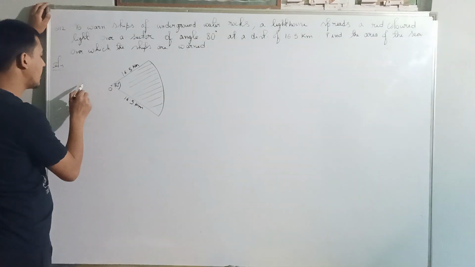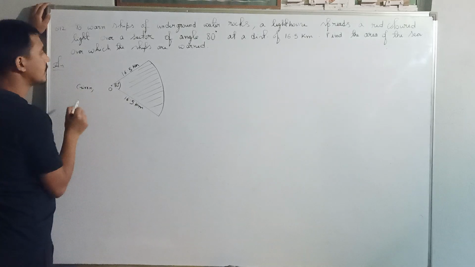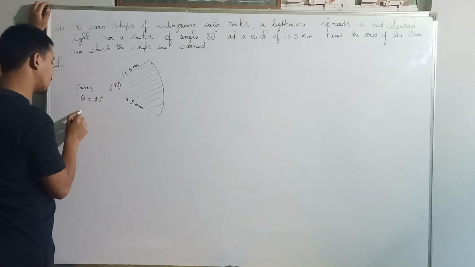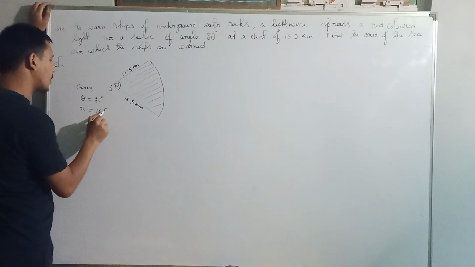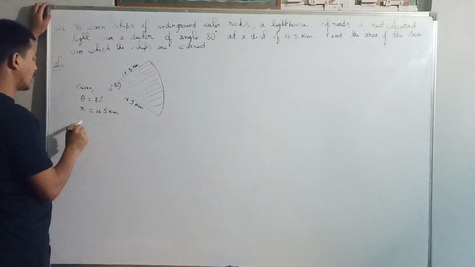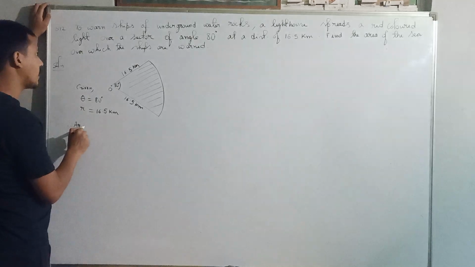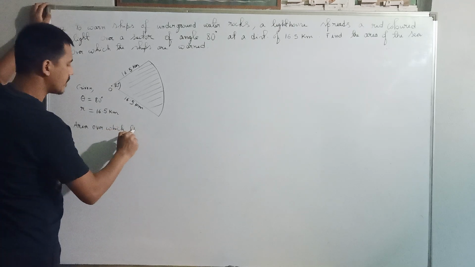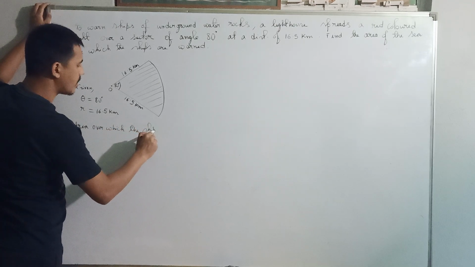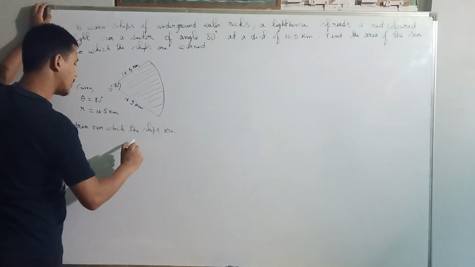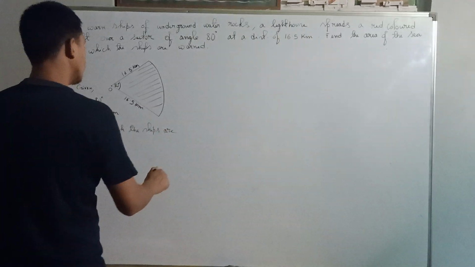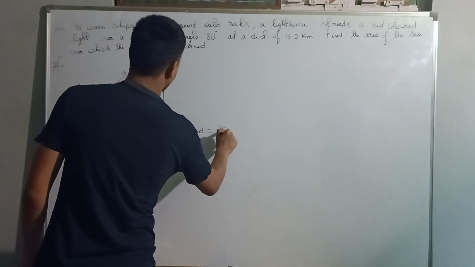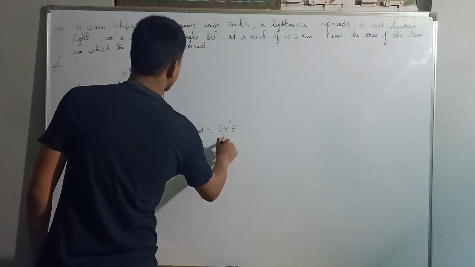So here, the angle of the sector is equal to 80 degree and the radius is 16.5 kilometers. Therefore, the area over which the ships are warned will be the area of the sector, pi r square theta upon 360 degree.